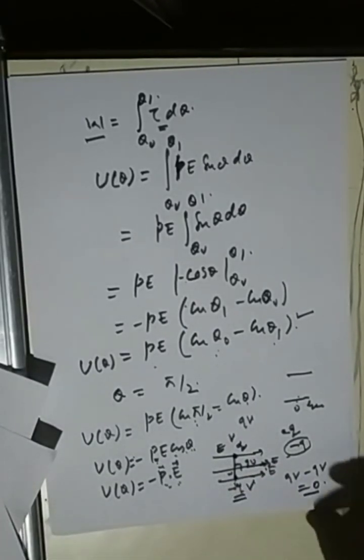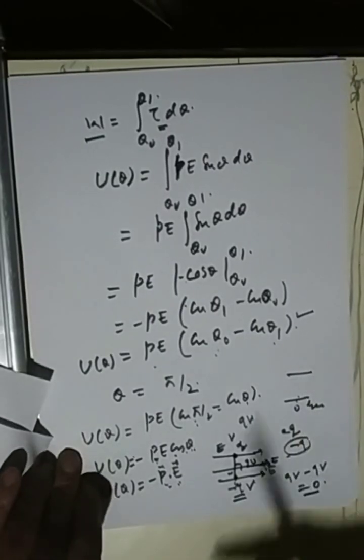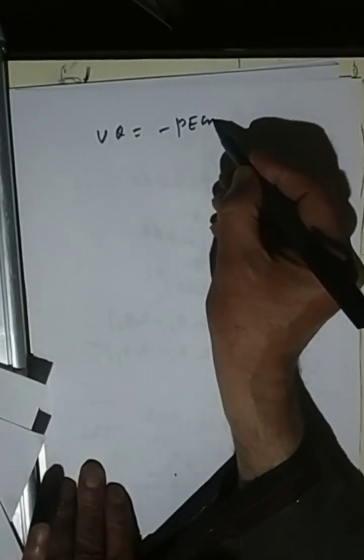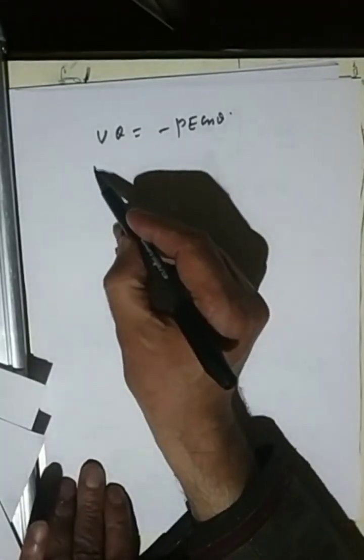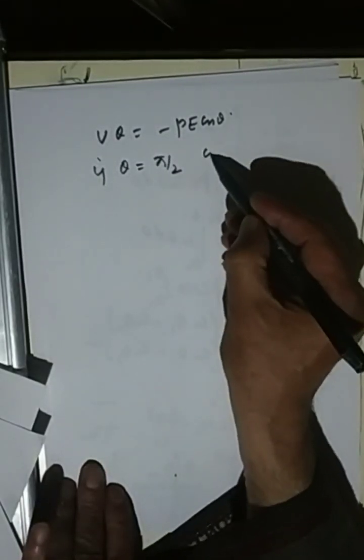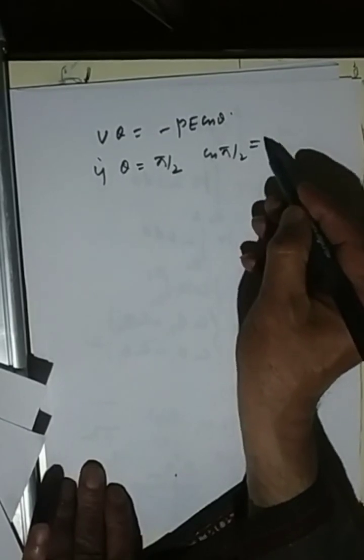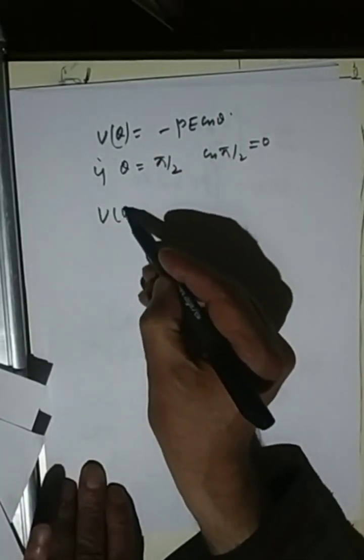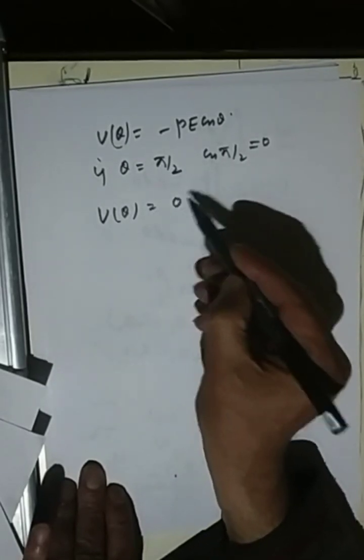Okay. Now, 3 cases arise here. First of all, we have U theta is equal to minus PE cos of theta. Now, if theta is equal to pi by 2, then cos pi by 2 is equal to 0. Therefore, U theta is equal to 0.